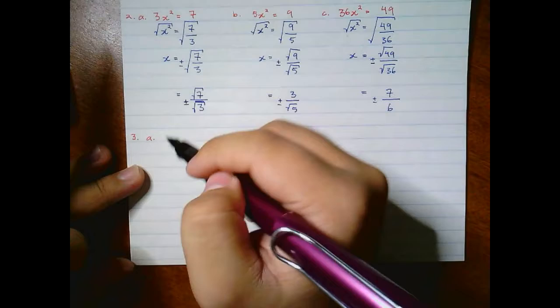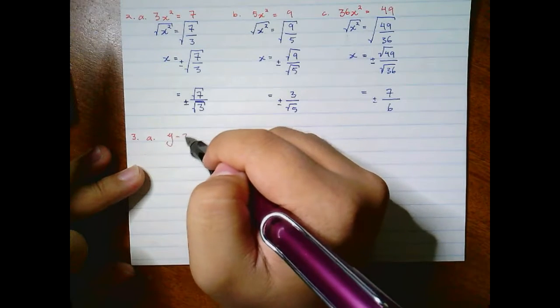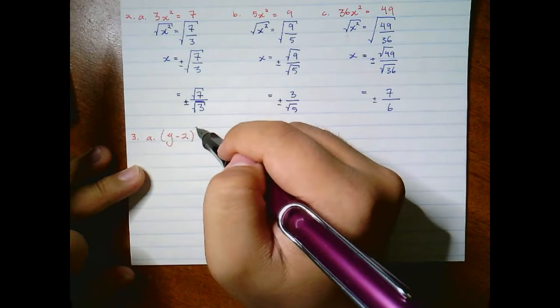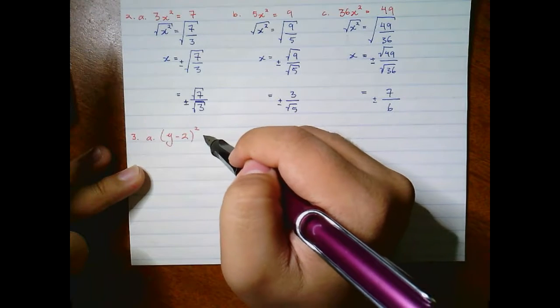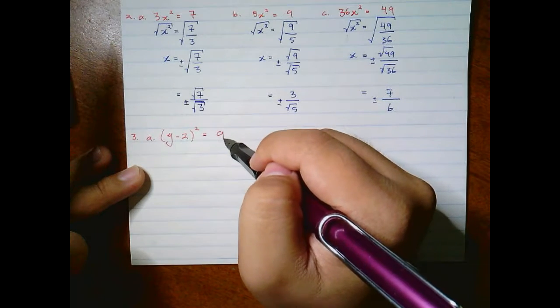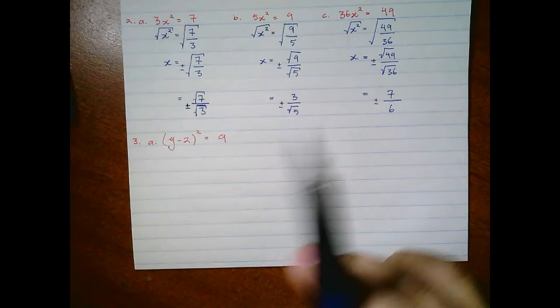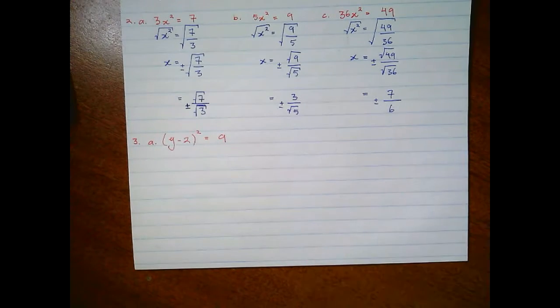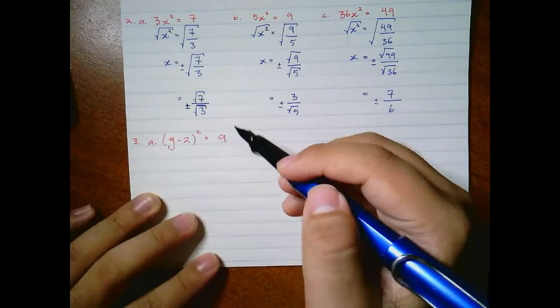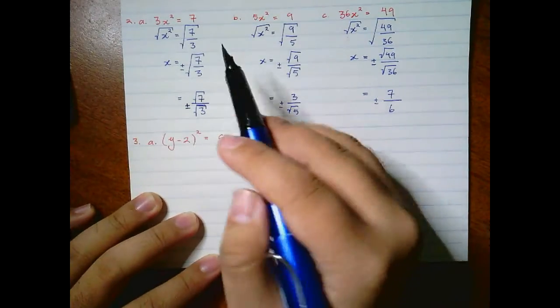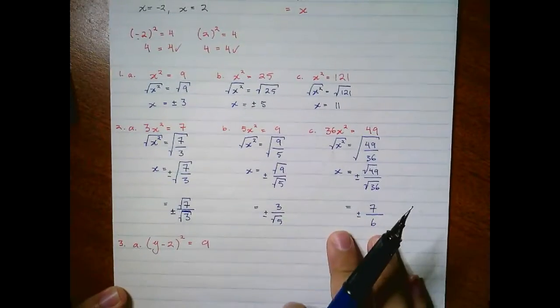Question 3a. We have y minus 2 whole squared equals 9. Now, this seems very odd, but what we can actually do is, see how I said it in the beginning?